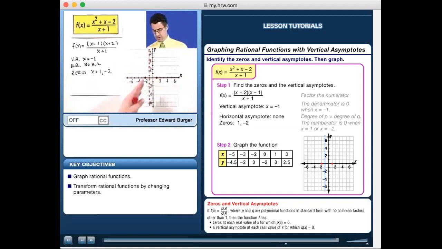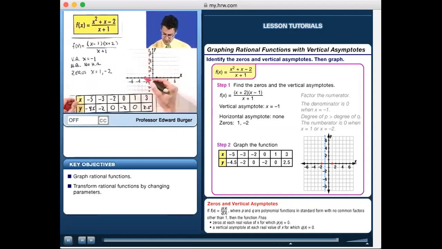And now I know I'm going to be approaching this asymptote, but I don't know how, and that's where these points come in handy. Let's plot some of these points. At -5, I'm at -4.5. So let me slide this down here. -5, -4.5 is right here, so there's that point.